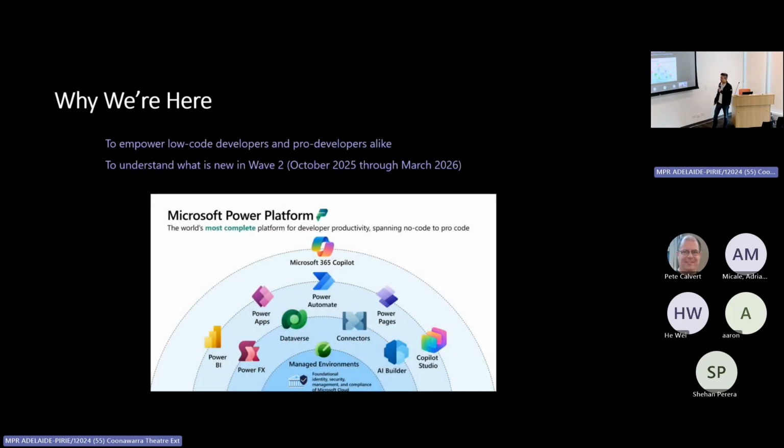Just a bit of a refresher in terms of what the Power Platform is. I'm sure many of you are already aware of this, but it's all underpinned by this managed environment that has a transactional data store sitting in Dataverse.